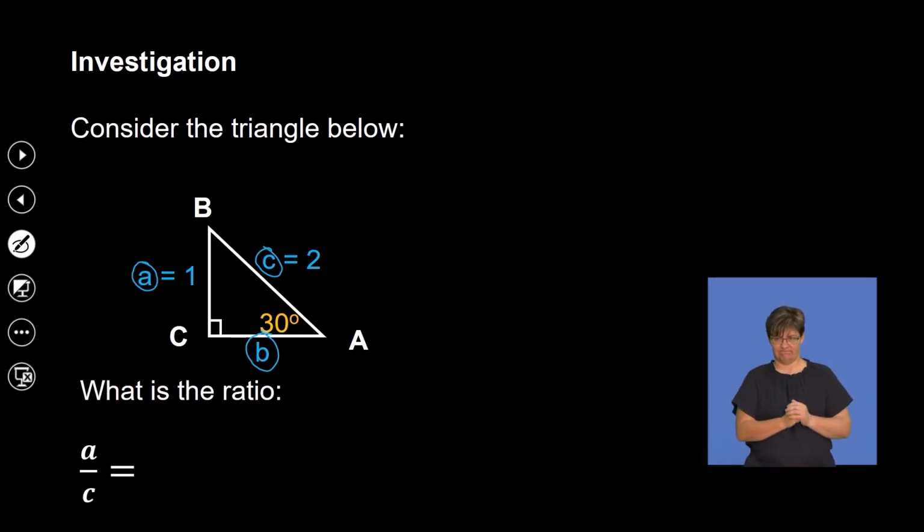The big question will be, what will then be the ratio of A over C? So that simply means I just need to substitute the value of A, which is 1, and divide it by the value of C, which is 2. So this is the same as 0.5, right? Common fraction, decimal fraction. Remember, that's what I said a ratio can be given as.